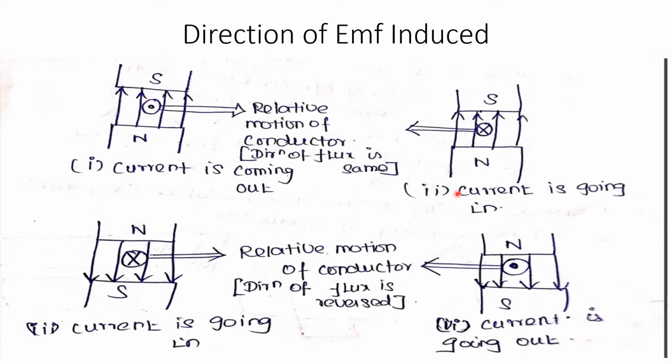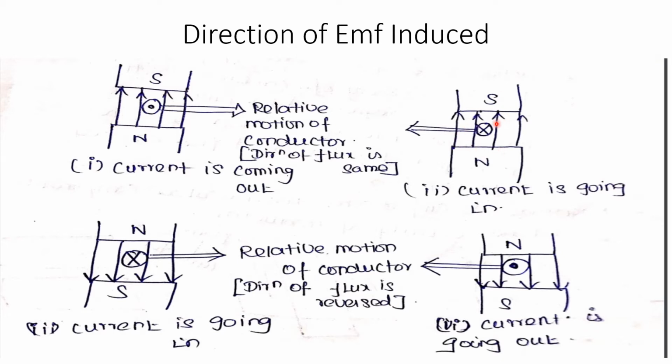So take the second case. In the second case, we are reversing the direction of the conductor. That is, the conductor is moving in this direction, see this arrow mark. But the flux direction stays stationary.